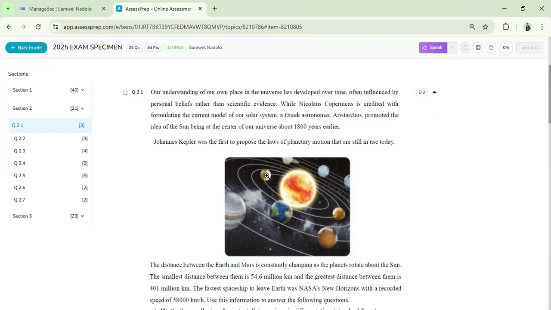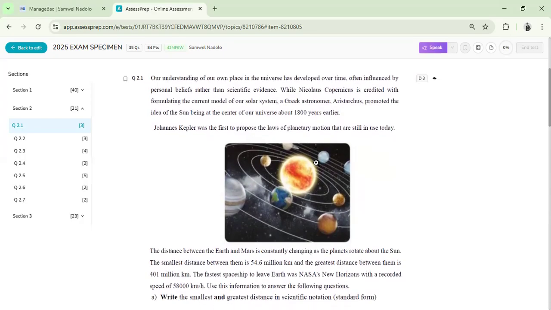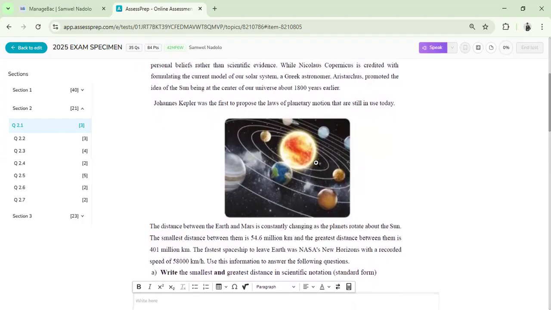Our understanding of our own place in the universe has developed over time, often influenced by personal beliefs rather than scientific evidence. While Nicolaus Copernicus is credited with formulating the current model of our solar system, a Greek astronomer, Aristarchus, promoted the idea of the sun being at the center of our universe about 1,800 years earlier.